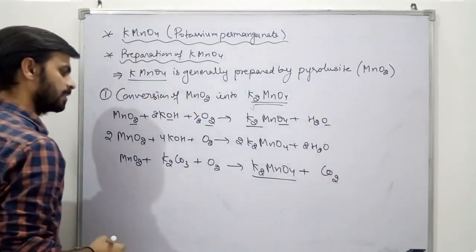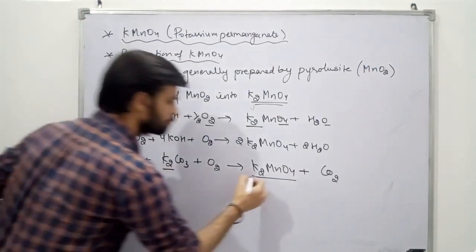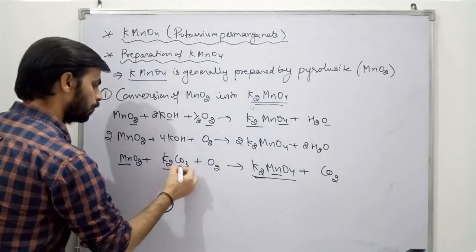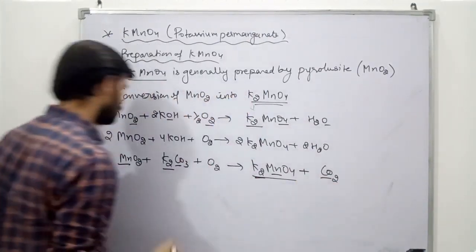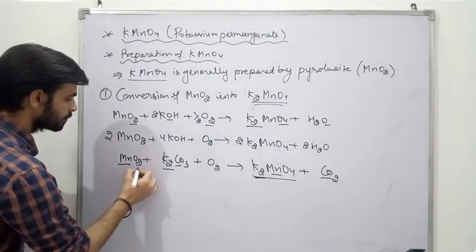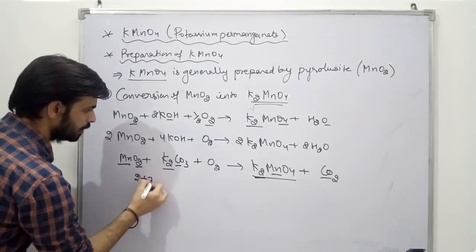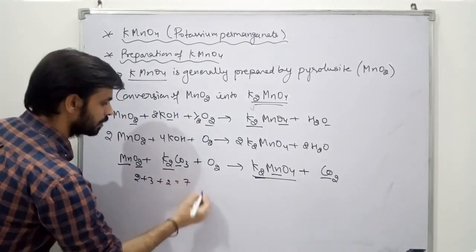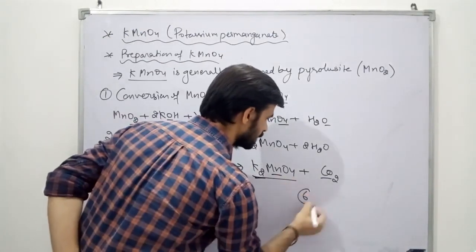Now we have to balance the equation. We have 2 potassium, 1 manganese, 1 carbon, 1 carbon. Now balance the oxygen: 2 plus 3 plus 2 is 7, but on the right we have 6.